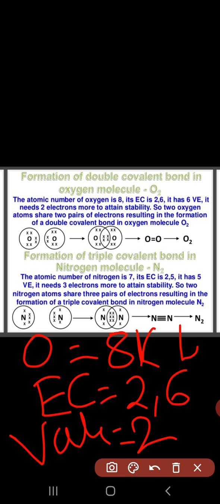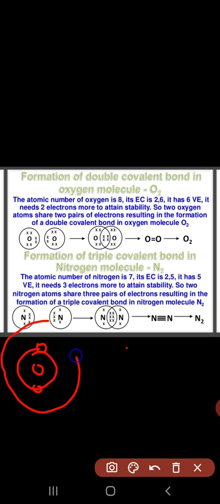Now it shares 2 electrons with the next oxygen atom so that it becomes stable.